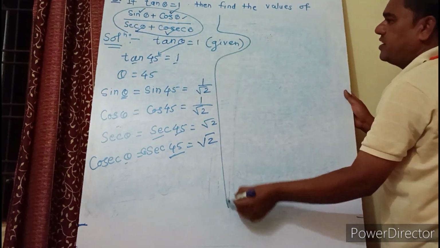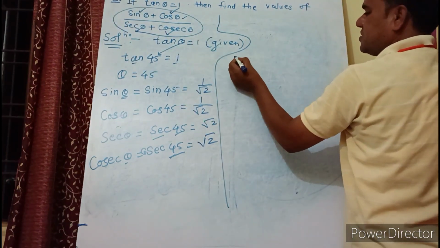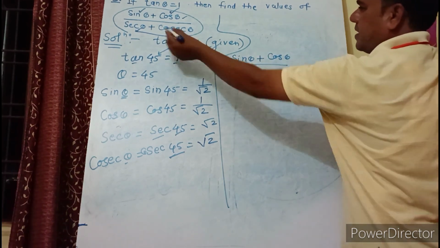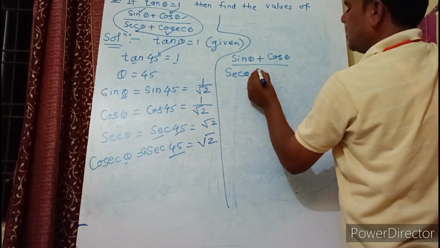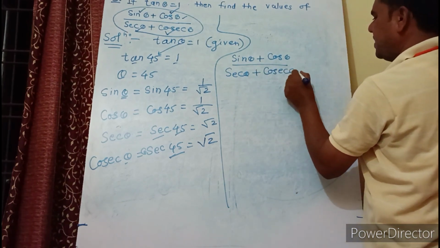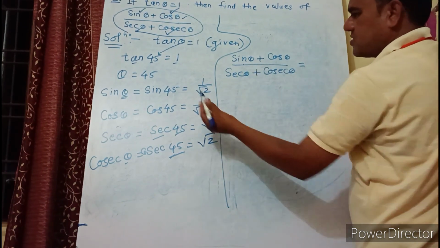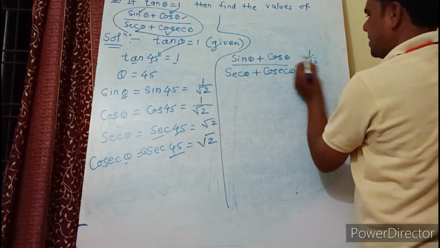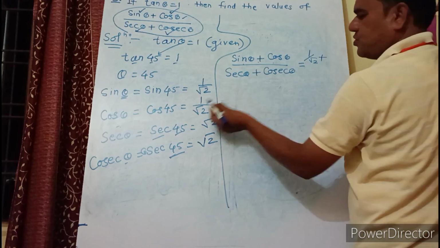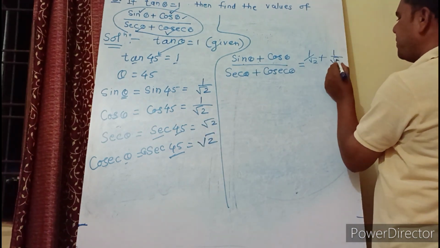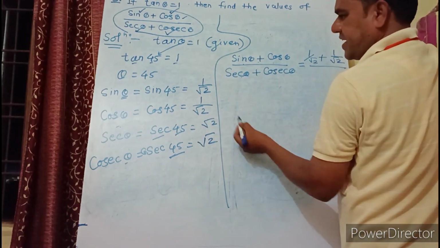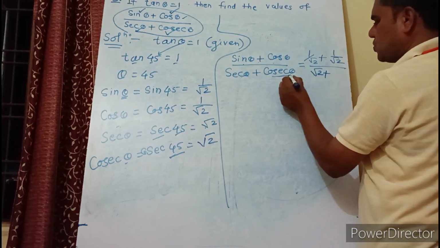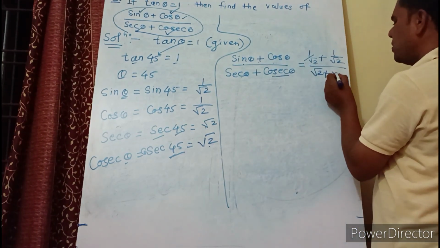Now write down: sin theta plus cos theta divided by sec theta plus cosec theta is equal to sin theta, which is 1 by root 2, plus cos theta, which is also 1 by root 2, divided by sec theta, which is root 2, plus cosec theta, which is also root 2.